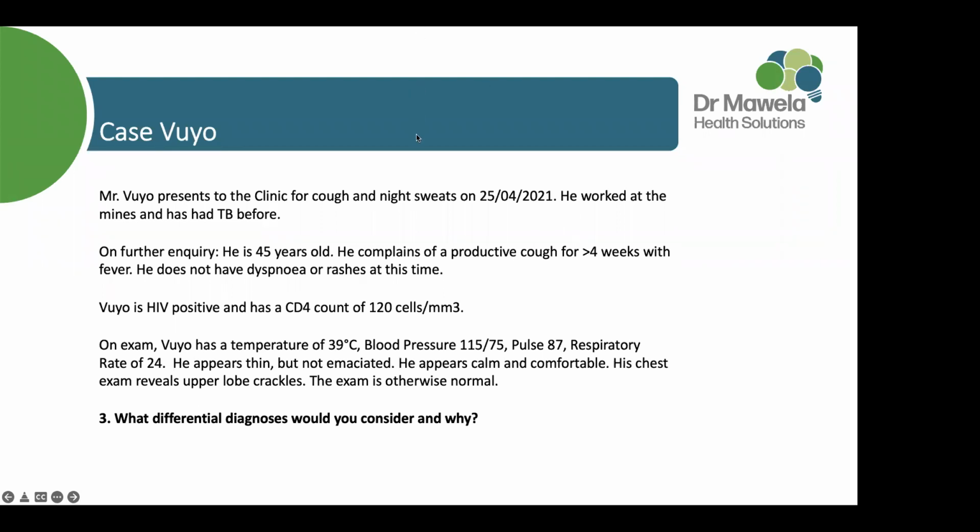What would you consider as a potential for your differential diagnosis? What are some of the things that you think we need to consider and try and exclude at this point in time?